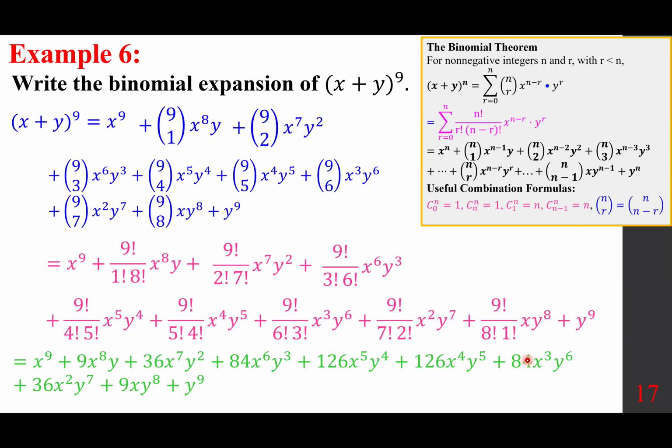So I hope it's clear to everybody. It's pretty straightforward, everybody understanding how this expansion thing works.